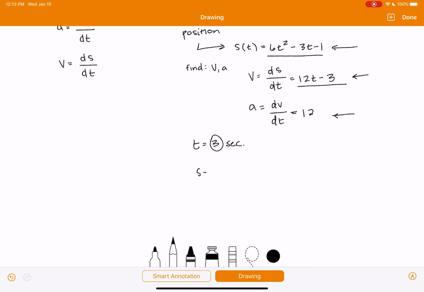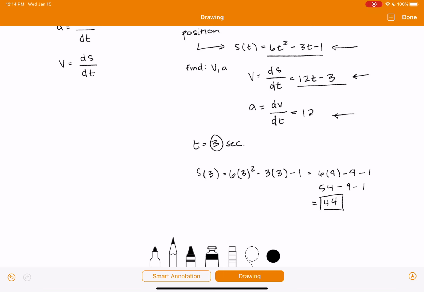So position at 3 seconds would be 6 times 3 squared minus 3 times 3 minus 1, which would be 6 times 9 minus 9 minus 1, which is 54 minus 9 minus 1, which is 44.